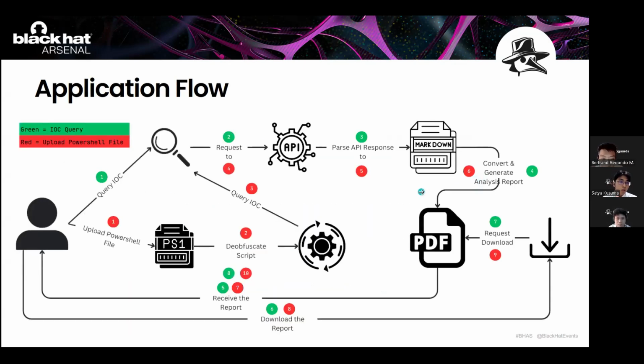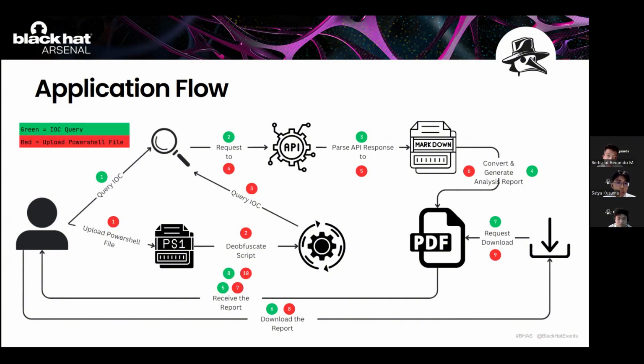As for the application flow, there are two flows. The first one is the IOC query. The user inputs the IOC into PlayGuards, and then PlayGuards sends a request to the API, parses the API response into Markdown, and converts and generates the analysis report into a PDF. So the user will receive the report and can download it as well.